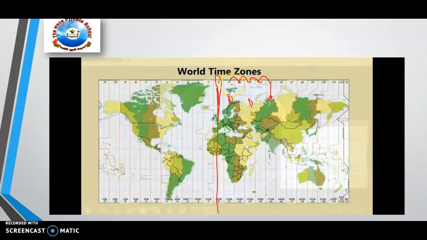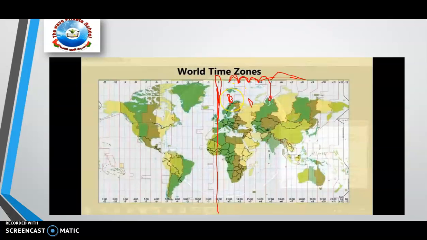If I'm taking a map, I will see how much time difference. Here is my country, so from here to here 1, 2, 3, 4. It means a 4 hour difference from my country to that country.